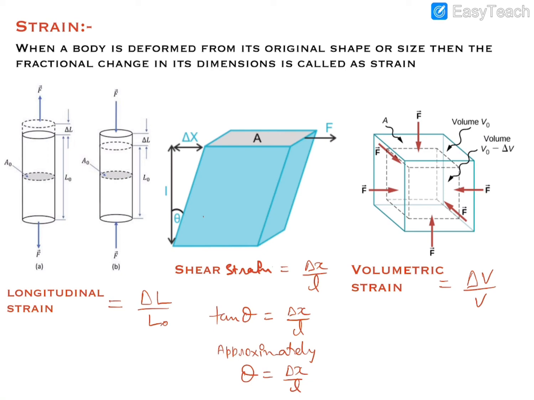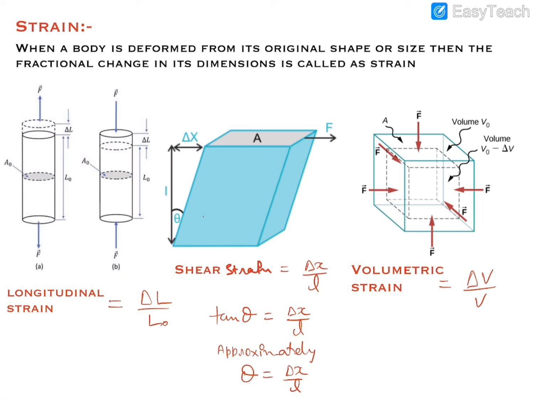So this theta is called shear strain. Now volumetric strain is obviously the change in volume upon the original volume.